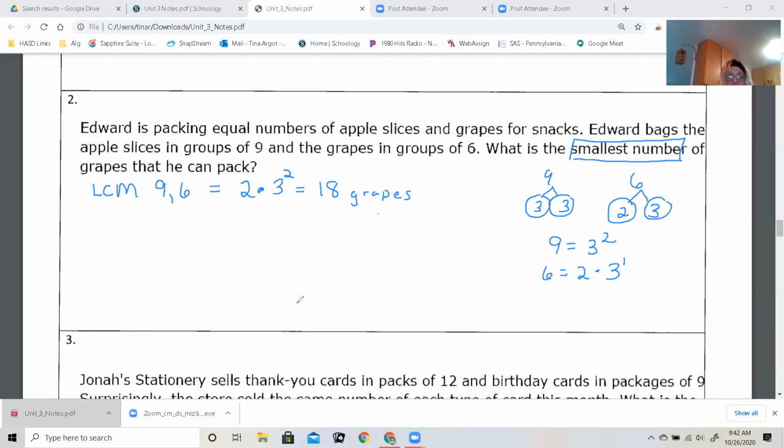Leave that up there for a minute for you guys to make sure you get it all down. We'll move to number 3. If you're done with 2, move to 3 and see if you could figure out the key word in 3 that tells us, are we doing LCM or GCF? What's the key word in 3?